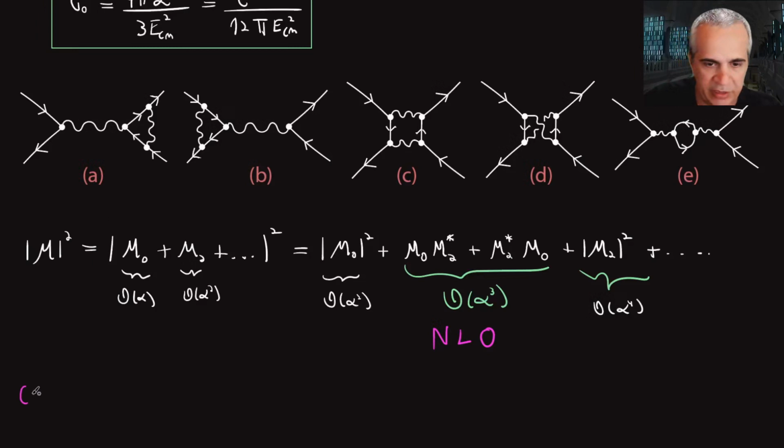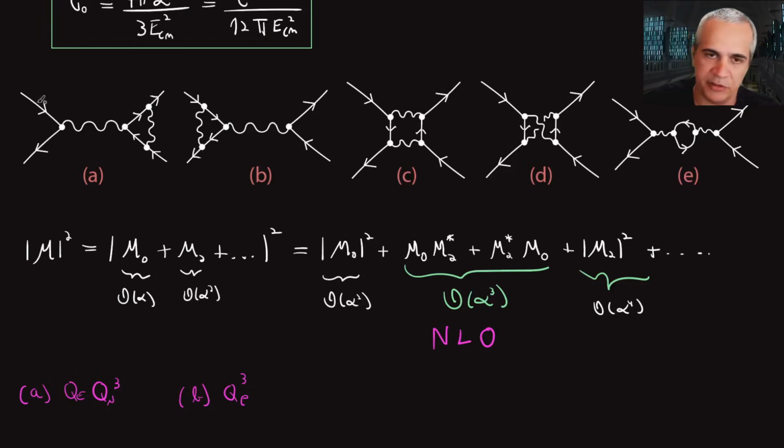So if you look at diagram A there, this is proportional to the charge of the electron here, and the charge of the muon cubed. B is the charge of the electron cubed, because now the loop is on the left side here. Remember, time is flowing towards the right here.